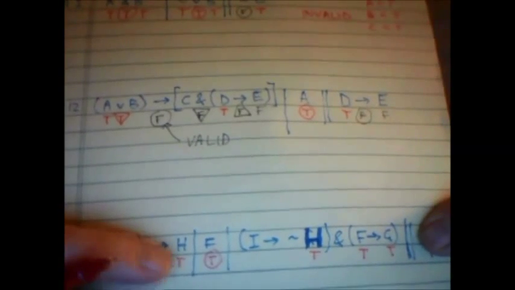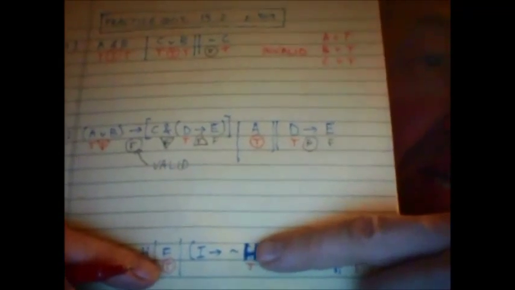What I'm talking about is here, because we made the antecedent true, so for the whole thing to be true, the consequent can't be false. So I made it true, and I filled in true under here. Alright, which means that the consequent of this conditional, because it's not H, is going to be false, which means that we have to make I false too, because otherwise we'll have true false and this conditional will be false.